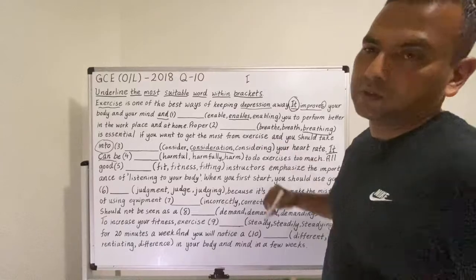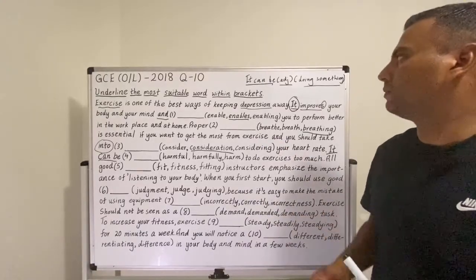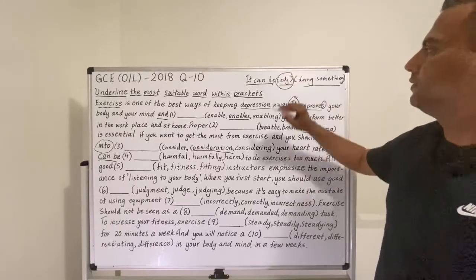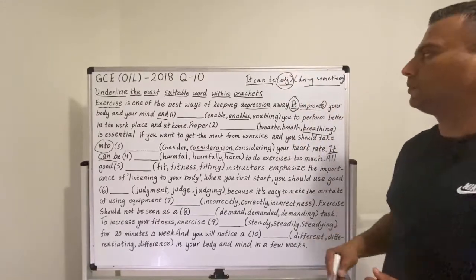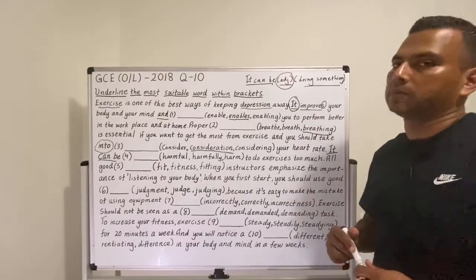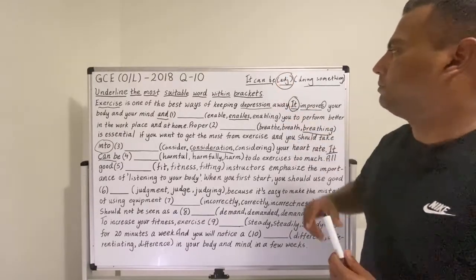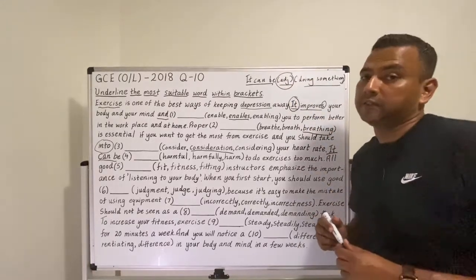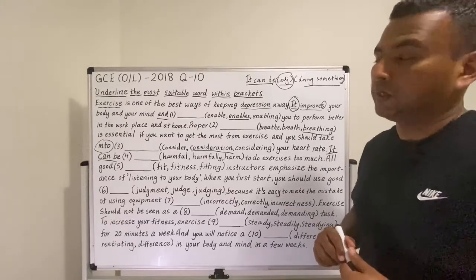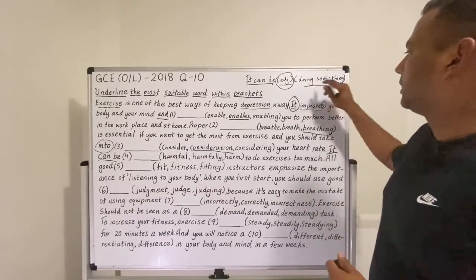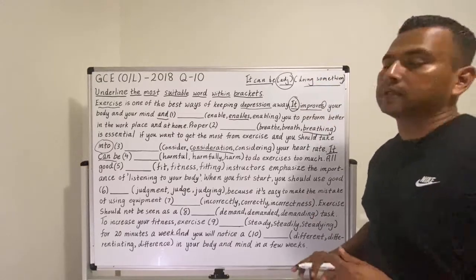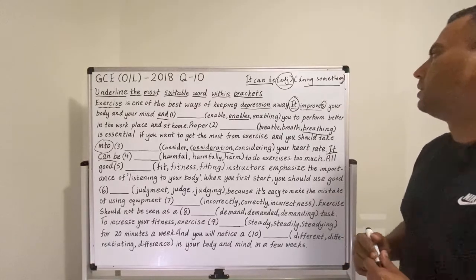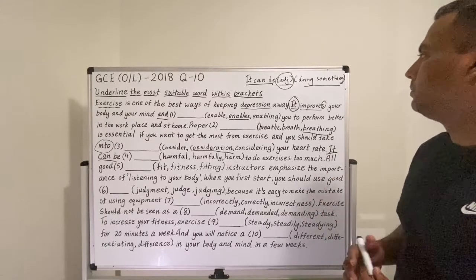Any sentence that starts with "it can be", after "it can be" there has to be an adjective, and then it talks about doing something. So when we use this phrase, after "be" we always have to use an adjective, and after that adjective it refers to some action.